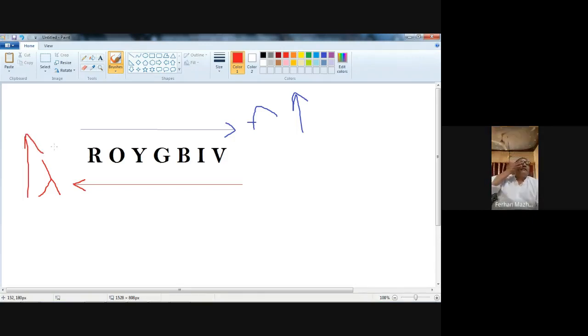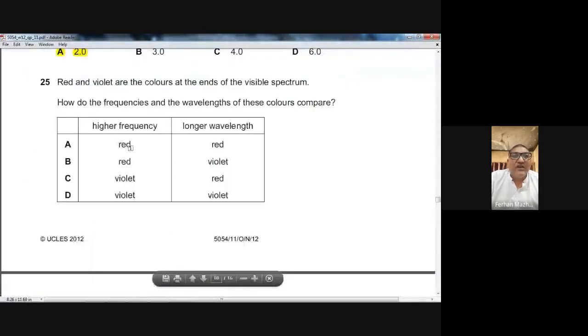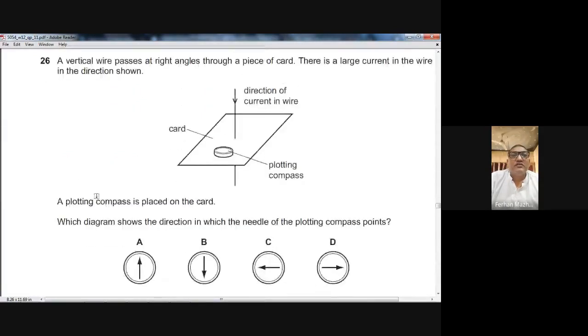It means that the red will have the larger wavelength and the violet will have the higher frequency. So the higher frequency violet will have and the longer wavelength red will have. C is the right option for question number 25, sir.